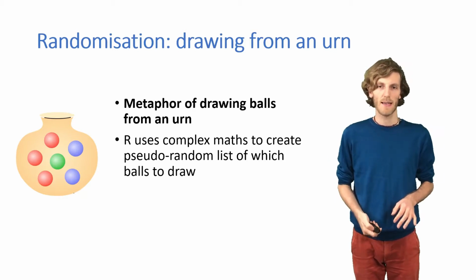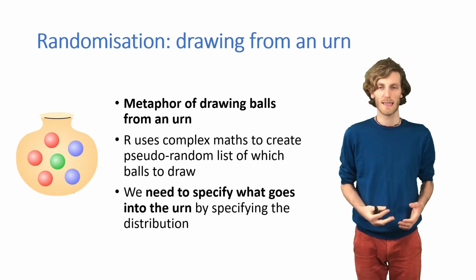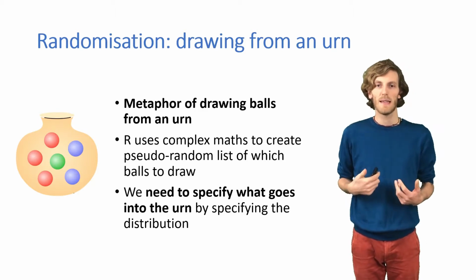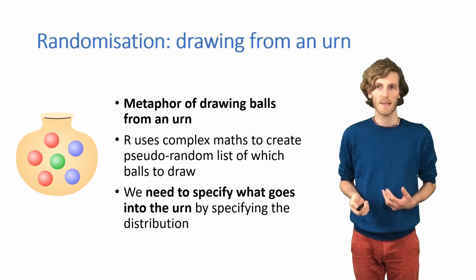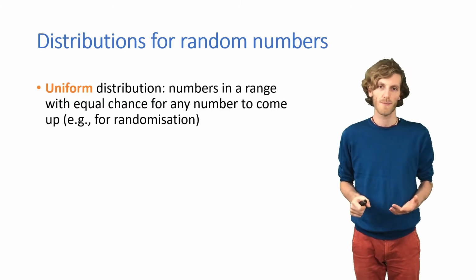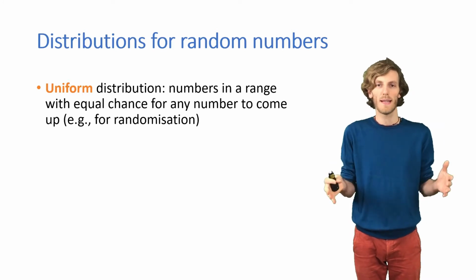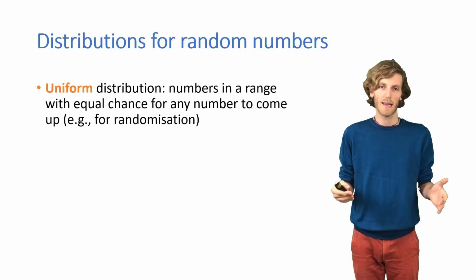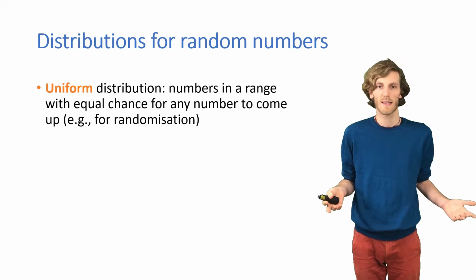What we need to define though is what items there should be inside the urn. And there are different distributions that might be appropriate in different circumstances. So the most straightforward one would be a uniform distribution, where basically we have all numbers between two endpoints in the urn and all of them in the same quantity, so just once.